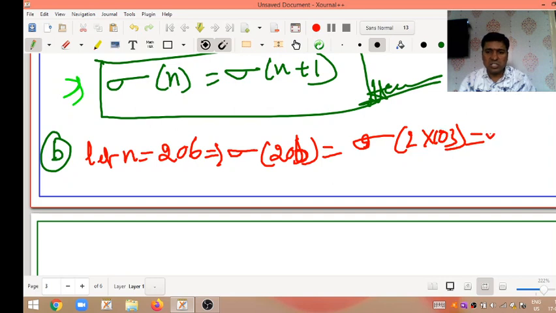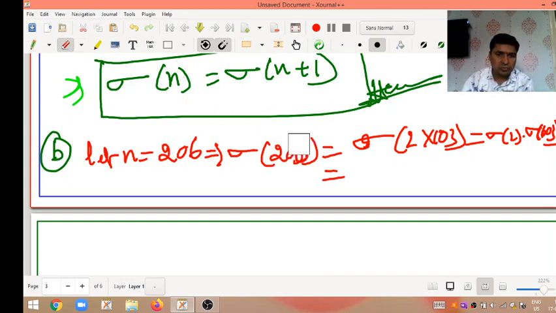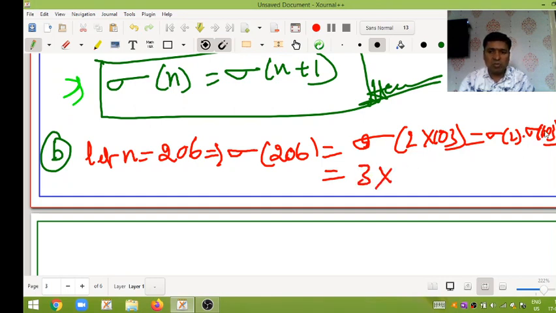So this is nothing but sigma of 2 into sigma of 103. Sigma of 2, how much my dear students? Sigma of 2 is nothing but 3, into sigma of 103 is 104. Multiplying it, 312.